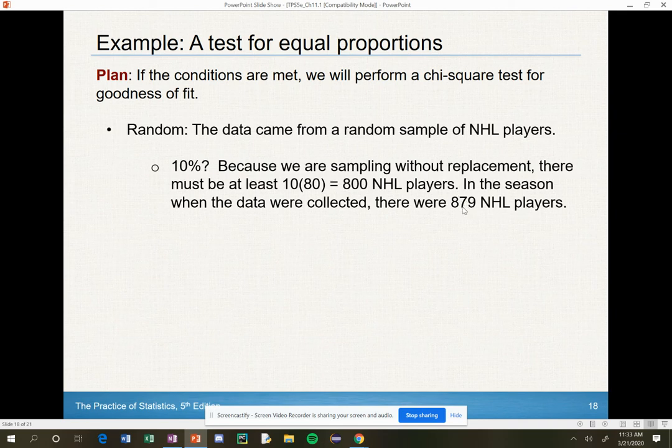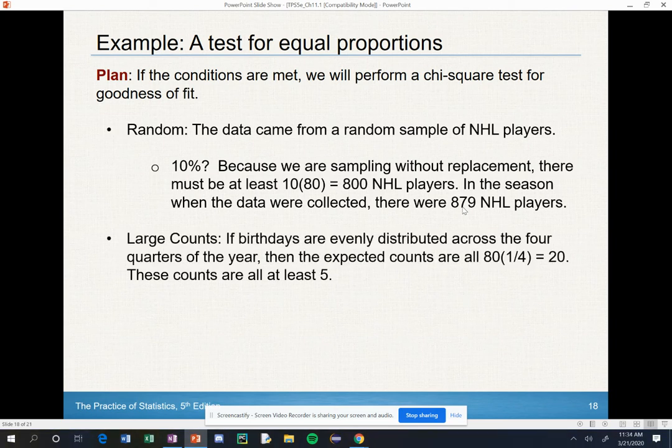And then finally, this is where it's different: do not use observed counts, use expected counts. So we have to make sure that each of those 4 categories, meaning January through March was one category, April through June is the next one, and so on. If the birthdays were evenly distributed across the 4 quarters of the year, then what should we expect with our 80 people?